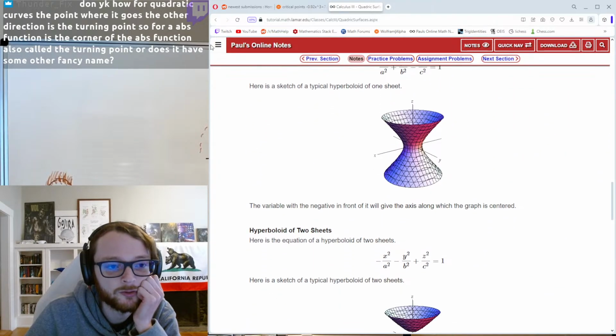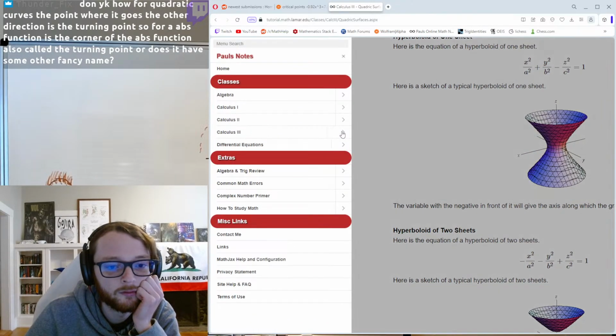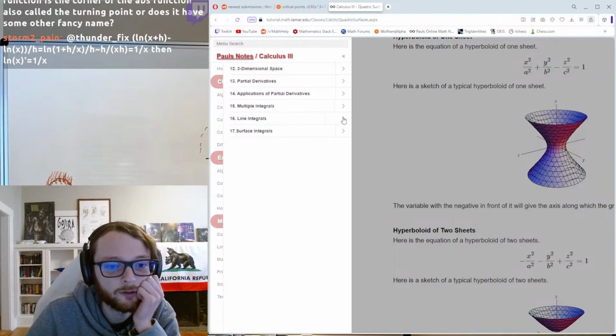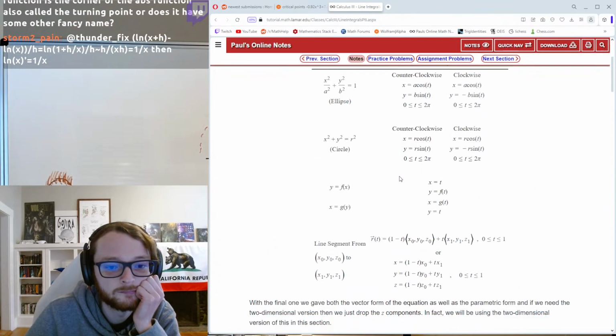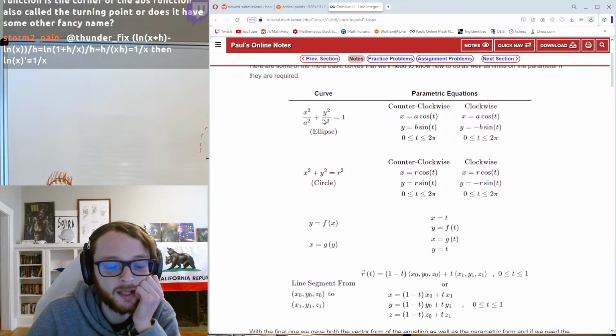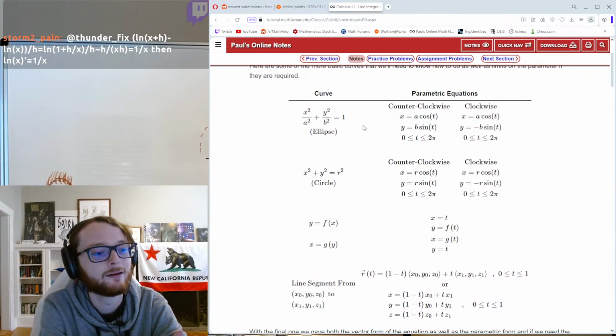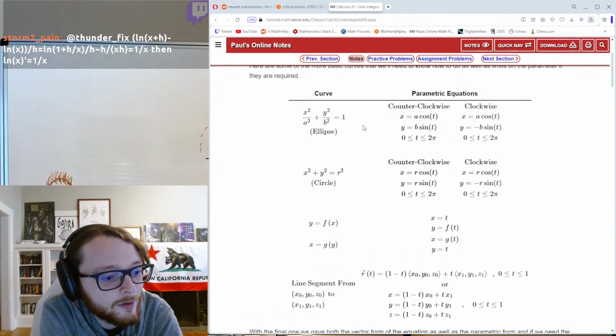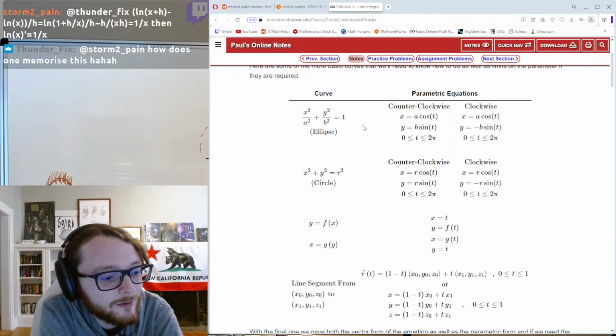The parameterizations are going to be like with line integrals or something, right? Yeah. You know... Oh, that's the limit definition of a derivative.